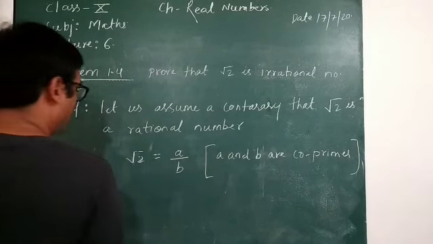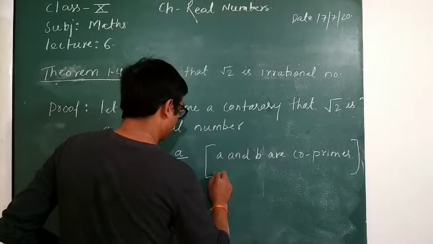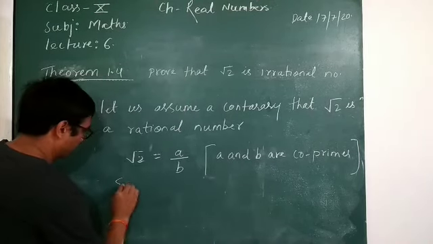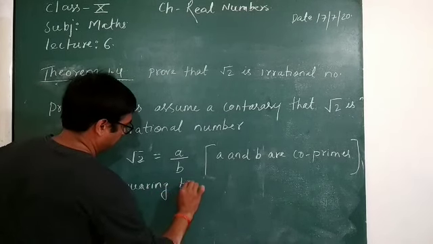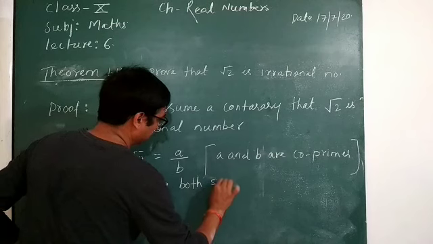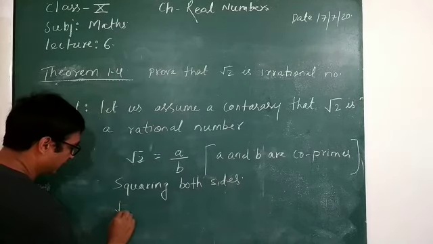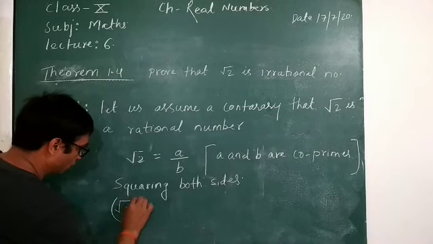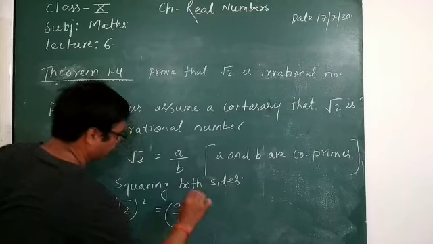Squaring both sides, you will get root 2 square is equal to A by B square.